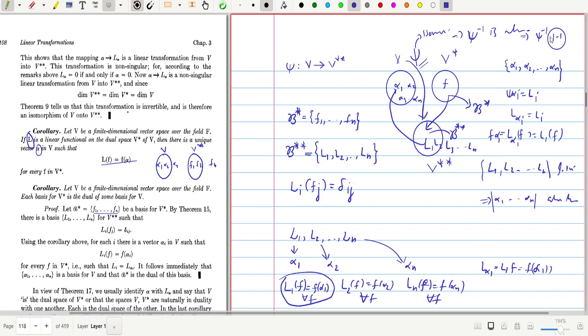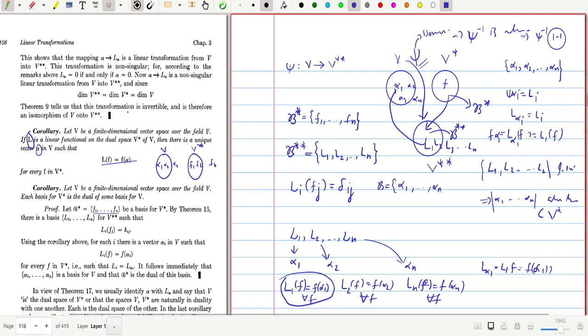Every non-singular map carries a linearly independent set to a linearly independent set. So this is a linearly independent set of V, so this forms a basis. So corresponding to each B star, we can construct B double star, and from that you can construct a basis B consisting of vectors alpha 1, etc., alpha n.